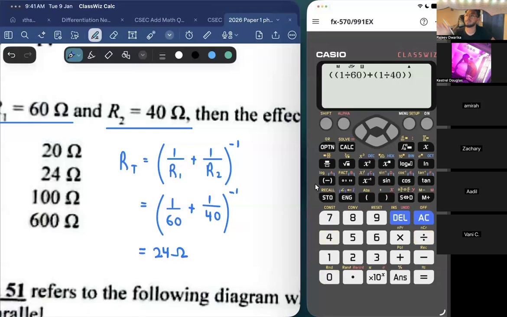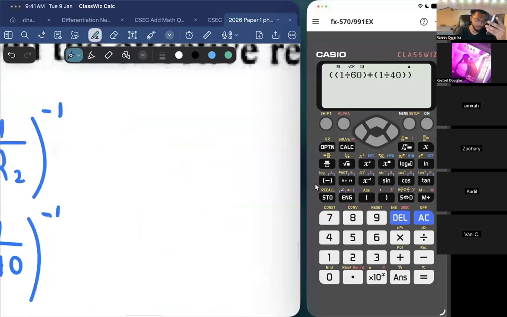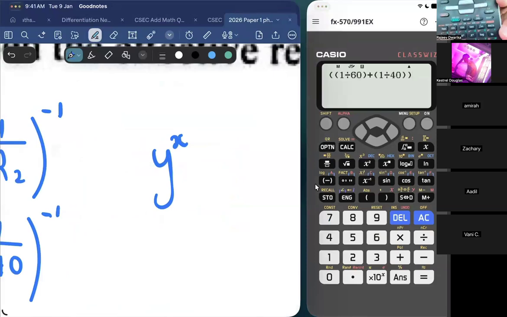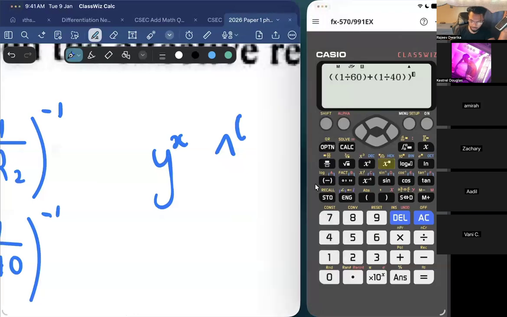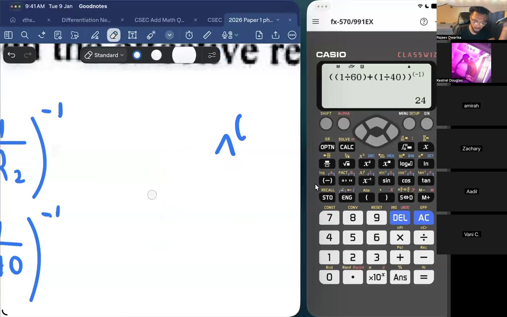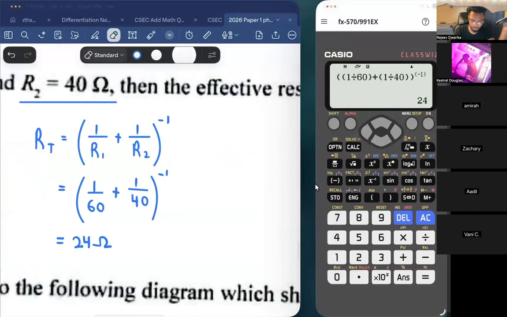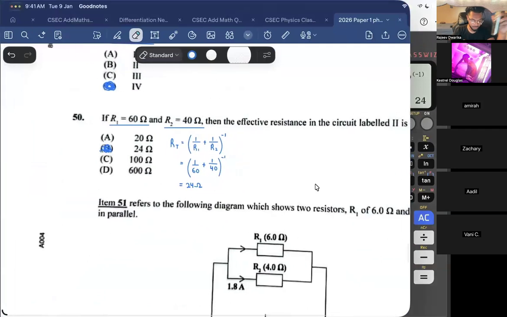Then you're looking for the y to the x button. In your Sharp, you'll see a y to the x button. You press that, and you will see this little thing come up here. And then in brackets, you put -1, close bracket, and you get 24. If you have a Sharp. Just get a Casio and done. Cool.